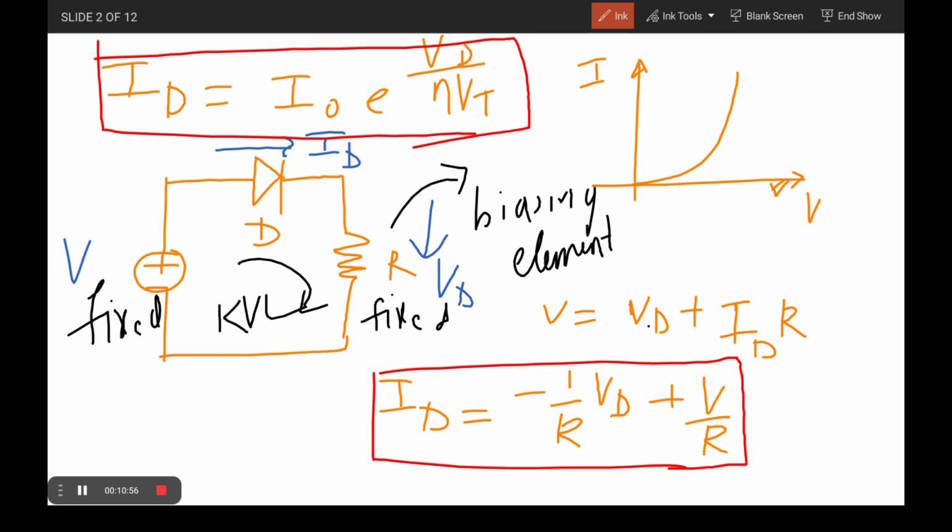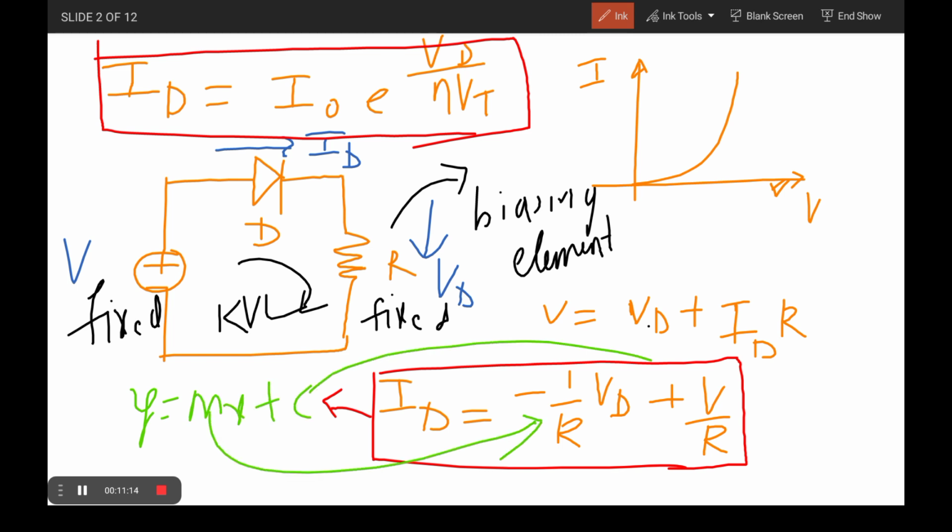So both are different, right? One is an exponential representation. This one, if you compare it with the standard equation y is equal to mx plus c, where m represents the slope and the constant is c, means the diode equation is similar to a straight line equation if the diode is connected in some closed circuit.